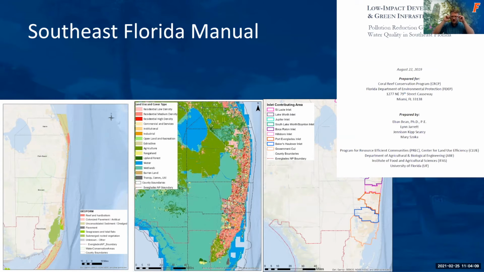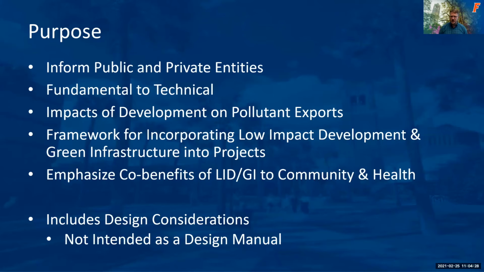Things are a little different in South Florida with the hydrology, the slopes, the way that they have canals going everywhere. But essentially, we did tailor this to that region. But I think several things can be translated beyond.